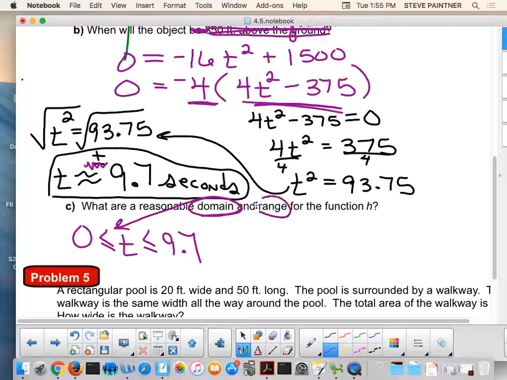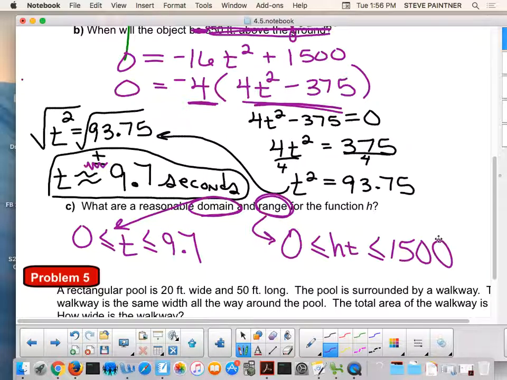How about this one? Range would be your height. The height of the ball ranges between what and what? 0 and 1500. Greater than 0, less than 1500. Right?